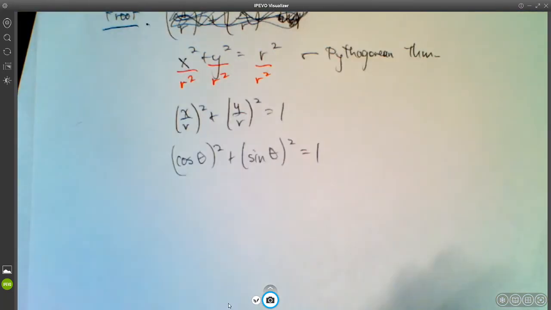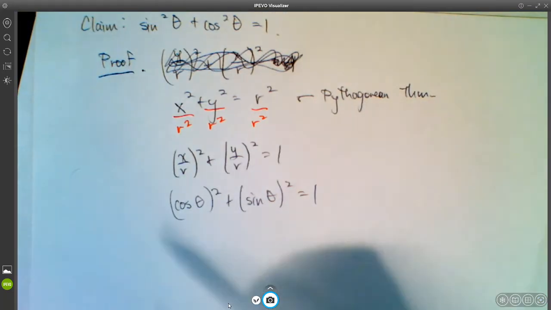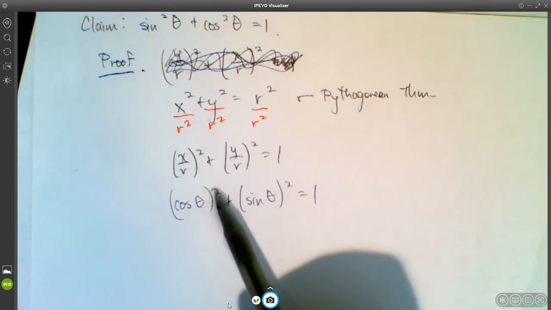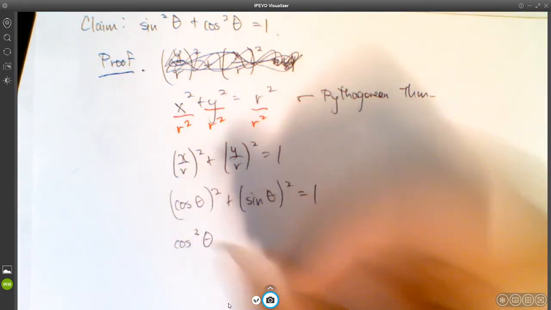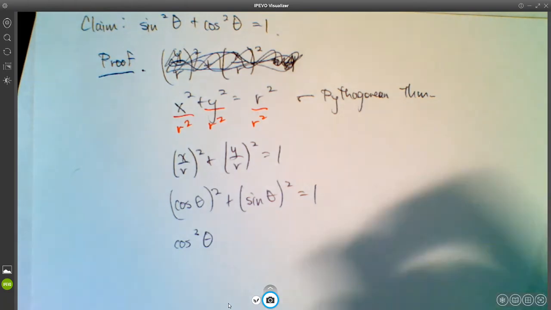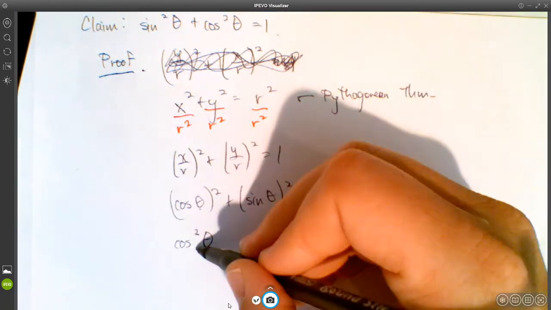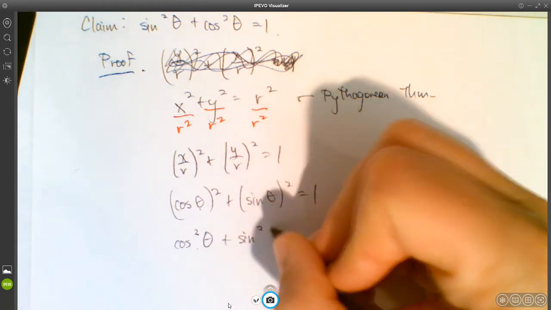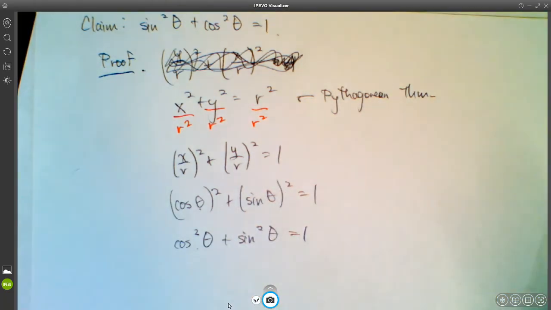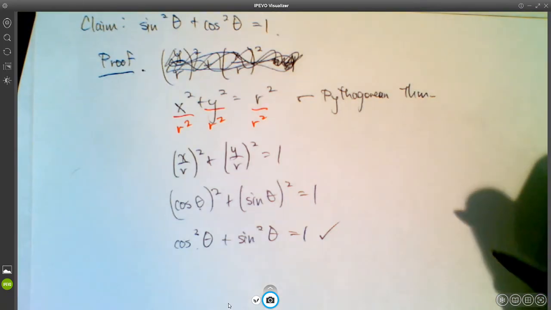And by the way, just as a matter of notation, for cosine theta squared, we usually write the exponent right there, so we just call it cosine squared theta. But these two mean exactly the same. Same thing goes for any other exponent. There's the proof.